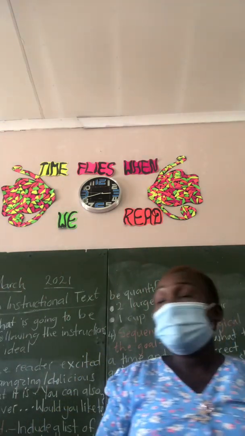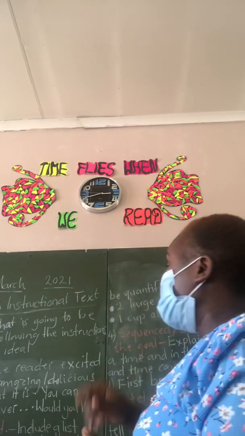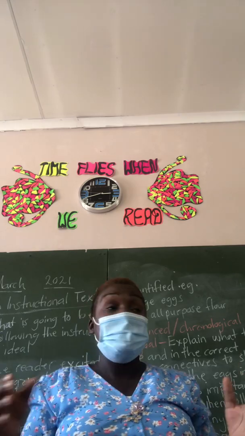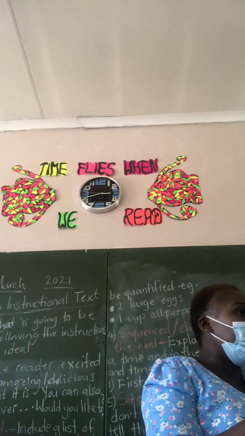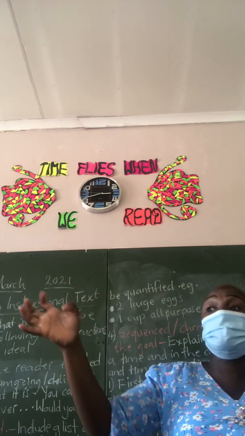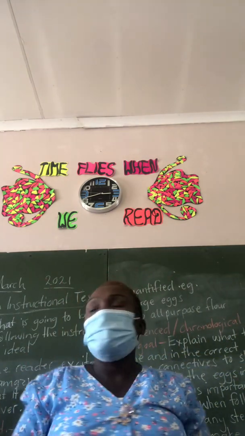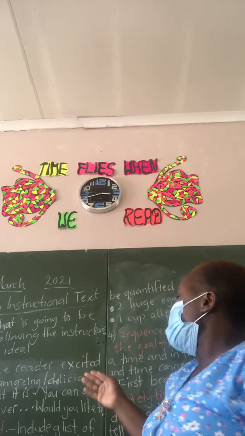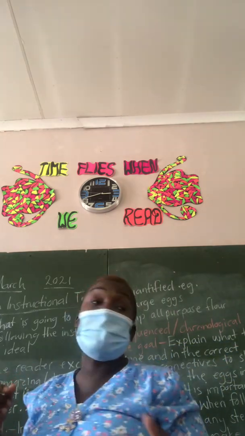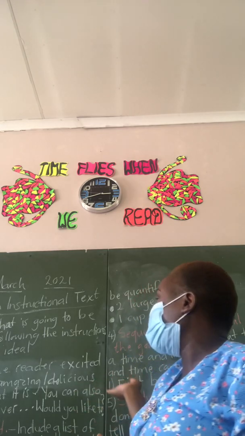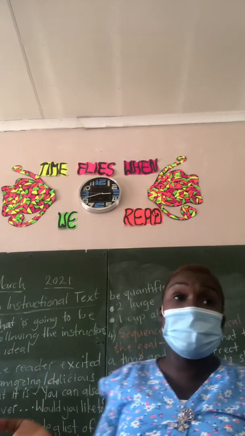Are we together? And then the title is followed by an introduction which should excite the reader by telling the reader how amazing or how delicious whatever it is that we are making tastes. Are we together? And here you can even ask the reader a question, right? Let's say you are writing on how to play chess, right?